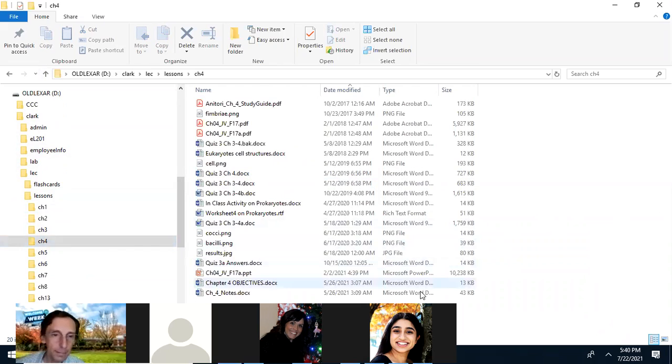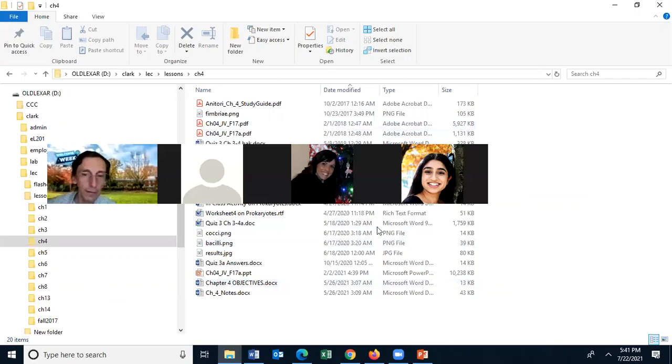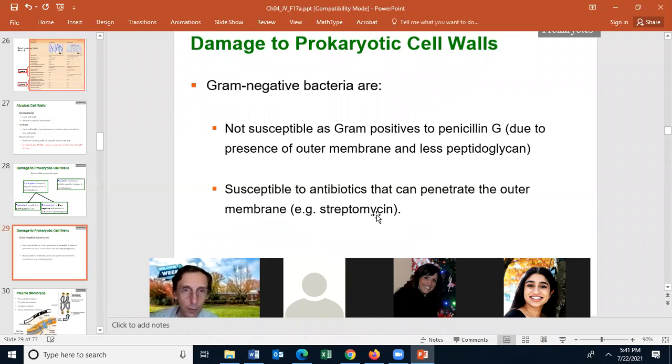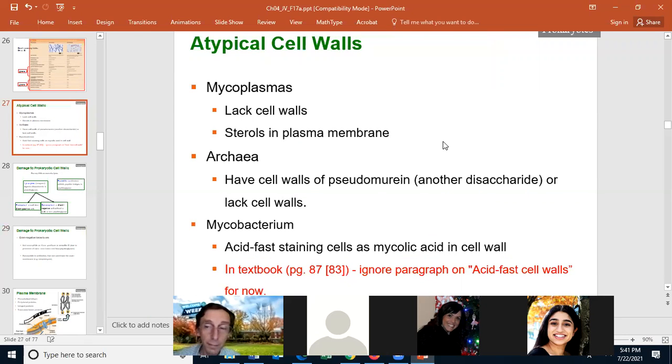I'm not seeing a picture of that. All right, I'll try and find that later and show you later, because I'm not finding what the mycobacteria's cell wall looks like. All right, any questions about the atypical cell walls?